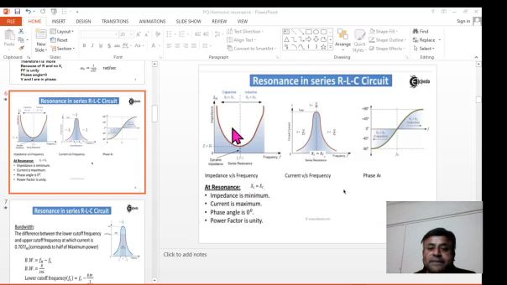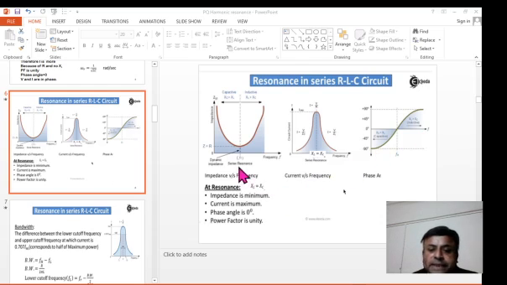In the first diagram, if I plot impedance versus frequency, then at the resonant frequency impedance is minimum. If I plot current versus frequency, in the second graph we see that current is maximum at the resonant frequency. In the third diagram, phase angle versus frequency, the phase angle is 0 at the resonant frequency.